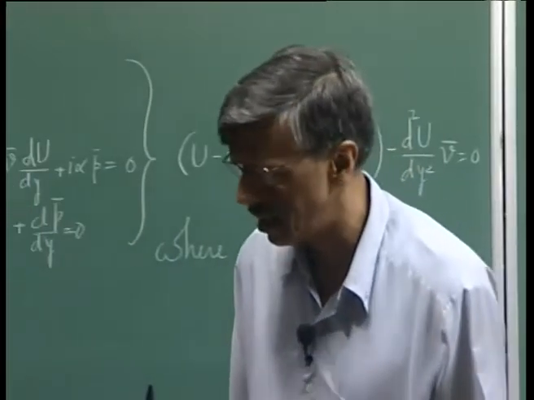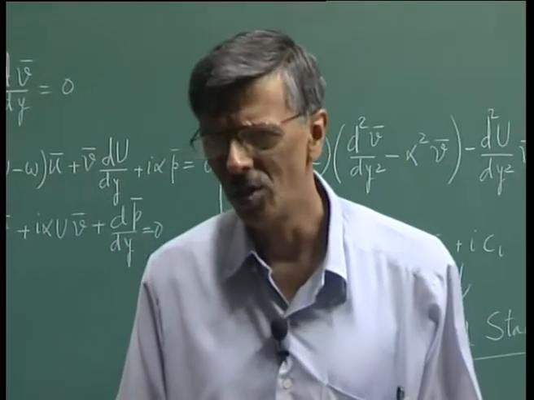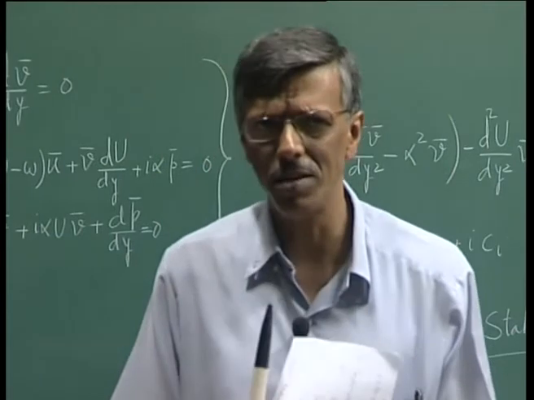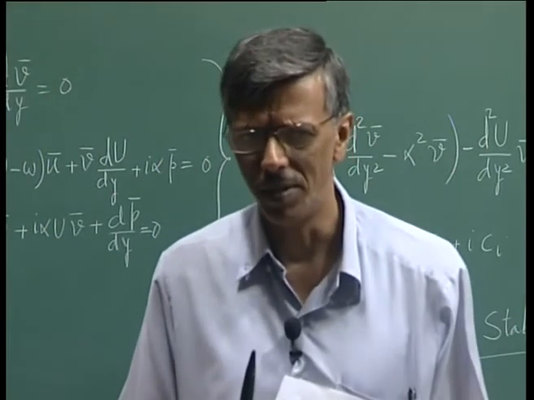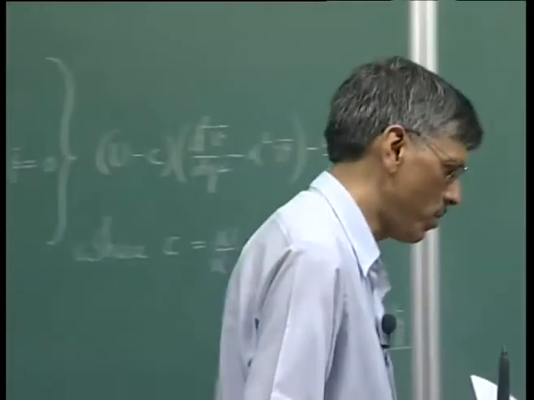So, having said that, you realize that it is quite difficult to talk about disturbances which are simultaneously varying in space and time. Such problems we will call spatiotemporal problems.